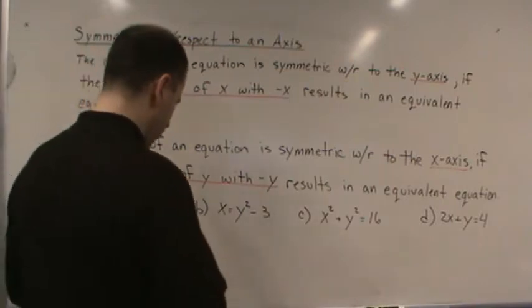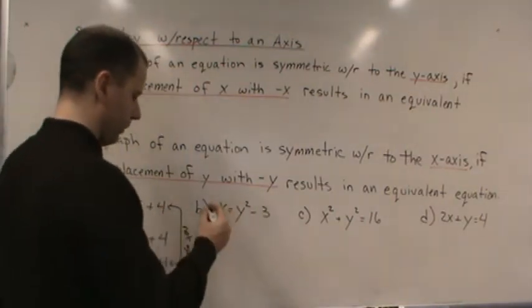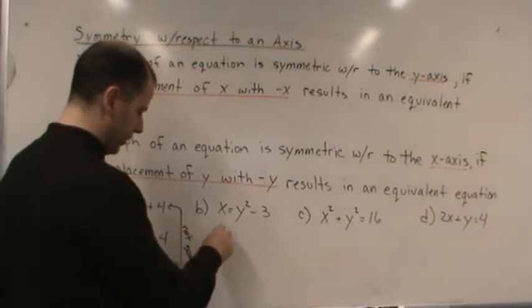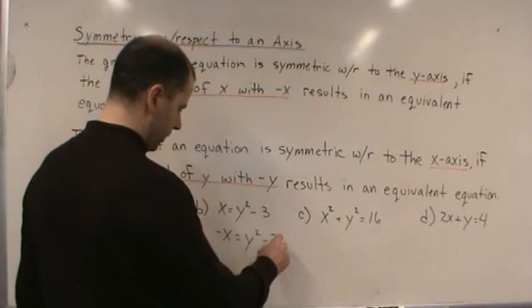Now what about this one here? Let's plug in negative x and see what we get. So negative x equals y squared minus 3.